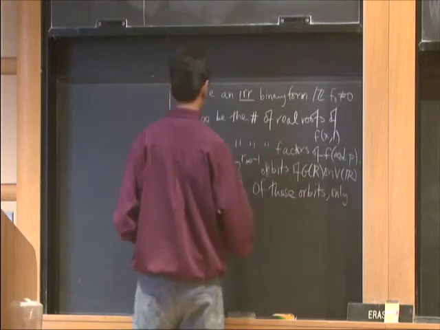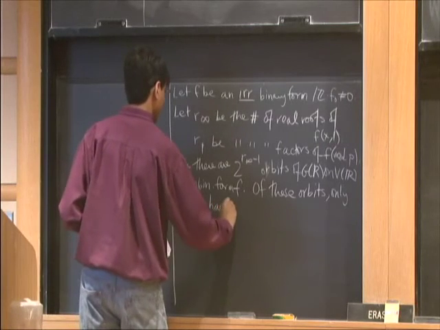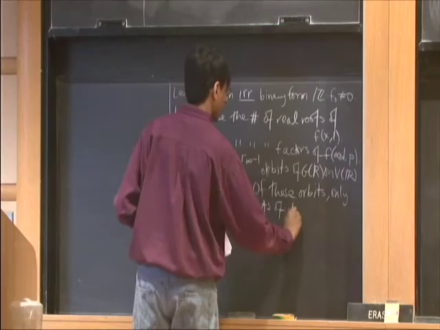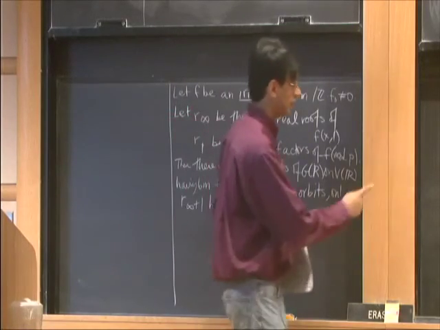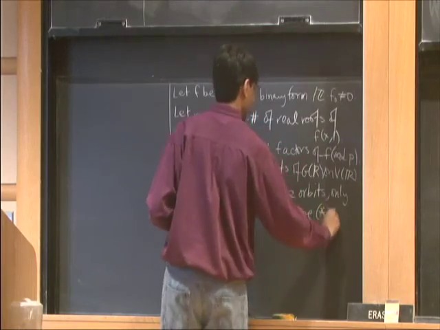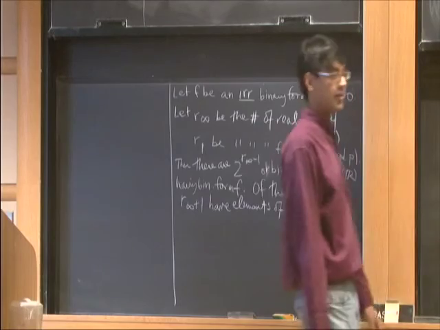Of these orbits, only R infinity plus 1 have elements of shape star. So the other orbits just don't have anything with all these kinds of zeros going on.